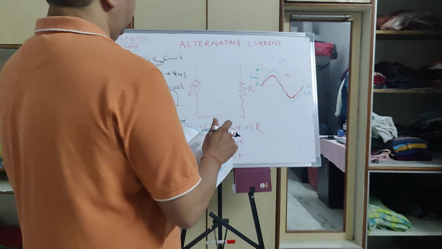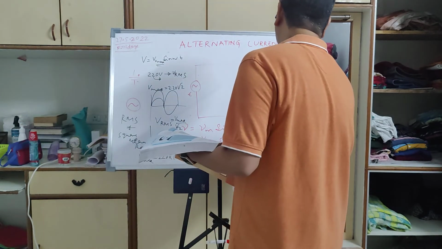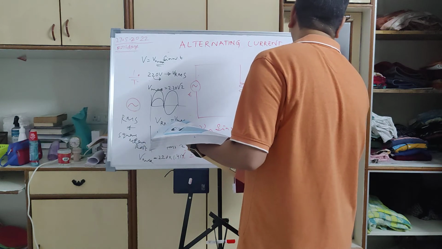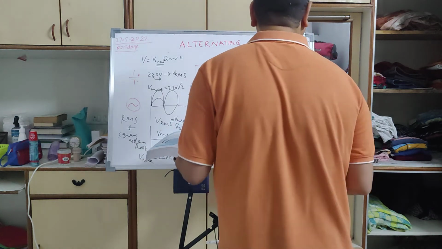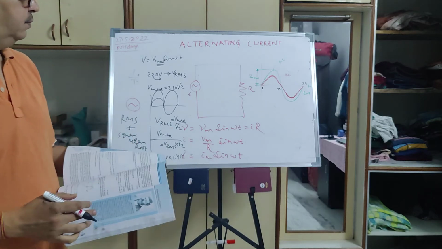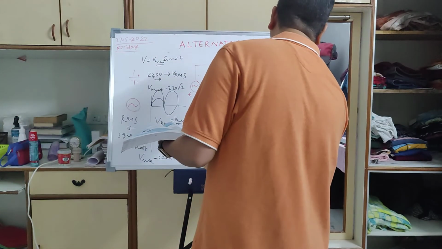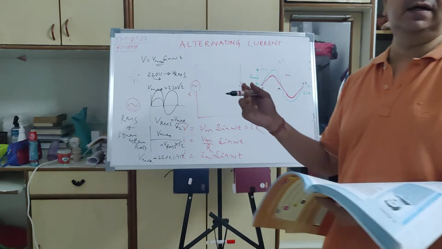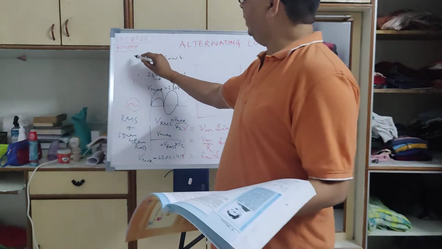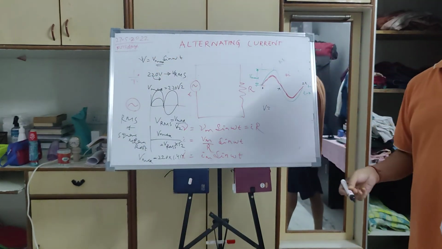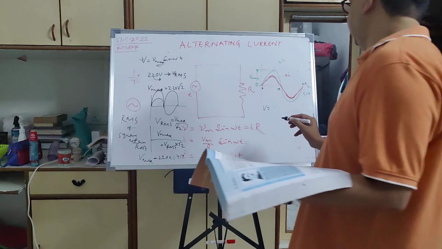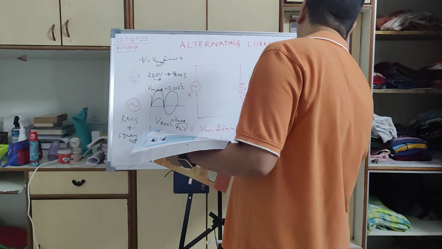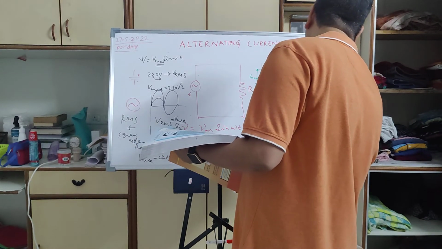So here you can see this is my 0, this angle is pi and this angle is 2 pi. I can write V, the instantaneous voltage, in AC, is equal to V max sin omega t.